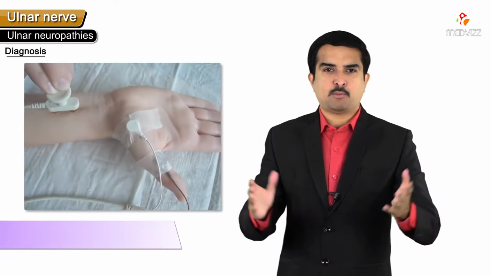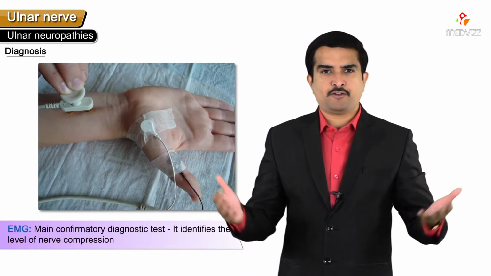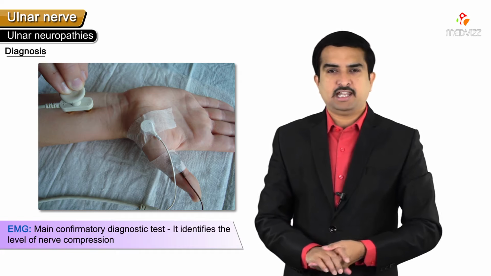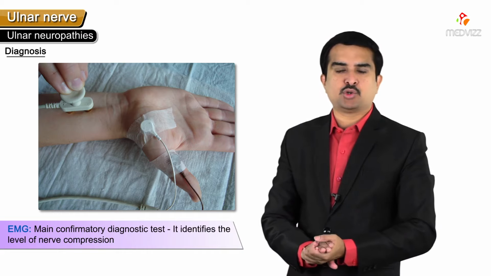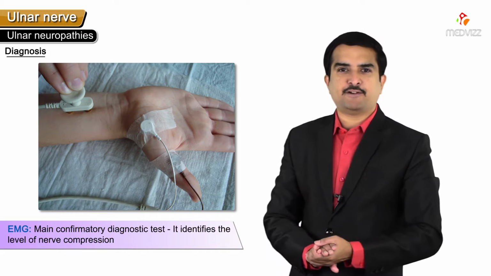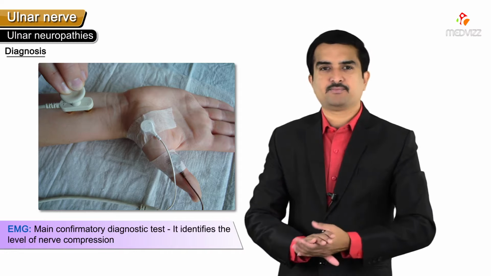Now let us talk about the diagnosis of ulnar neuropathy. In the majority of nerve injuries, we often perform EMG, electromyography. It is the main confirmatory diagnostic test because it specifically identifies the level of nerve compression or the level of the lesion.